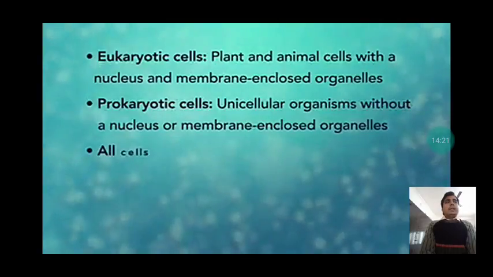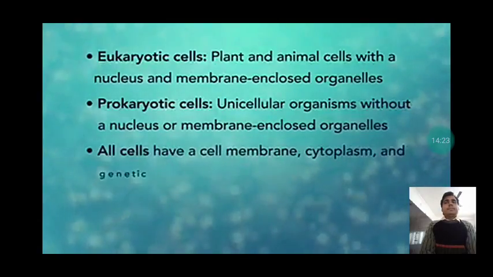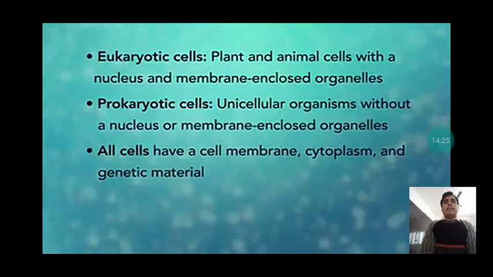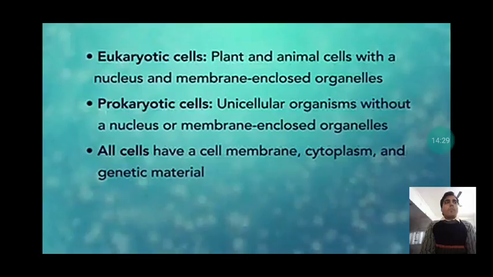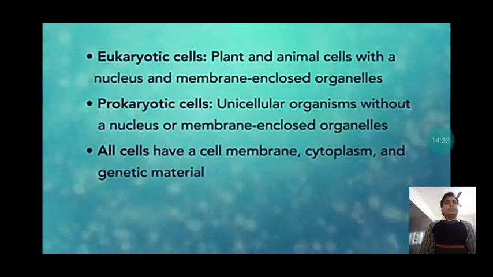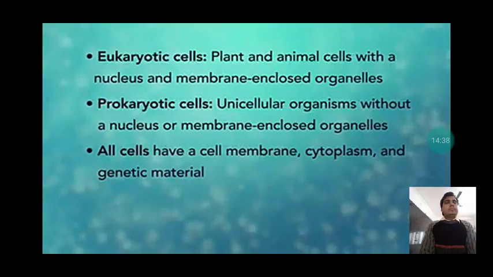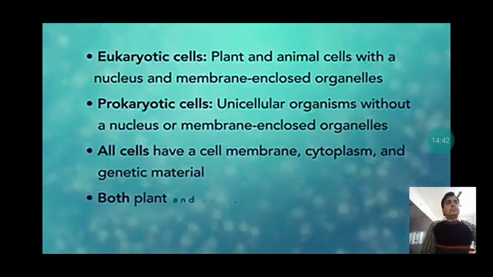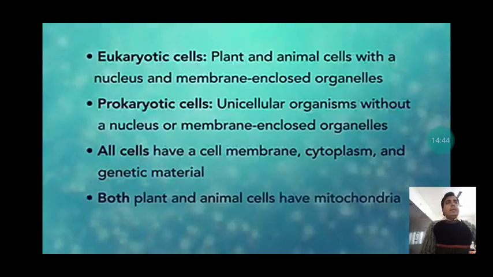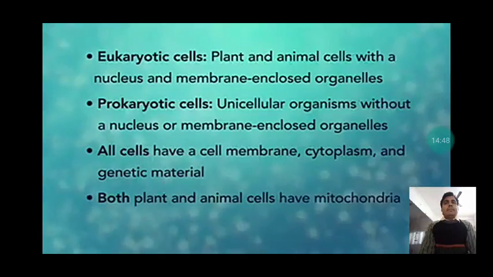While prokaryotic cells are unicellular organisms, all cells have a cell membrane, cytoplasm and genetic material. Both plants and animals have mitochondria.